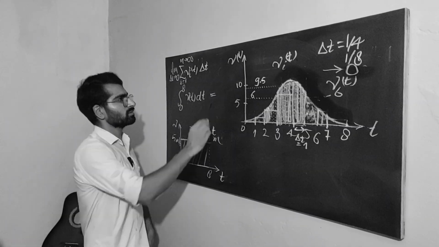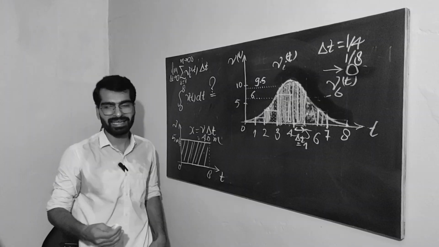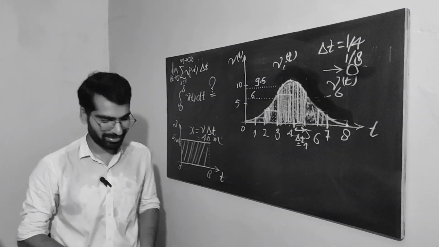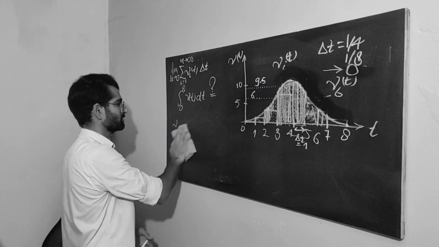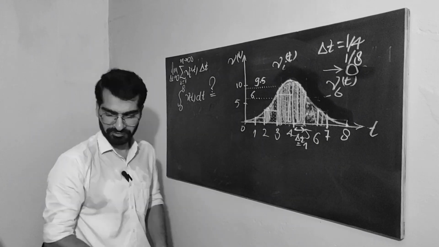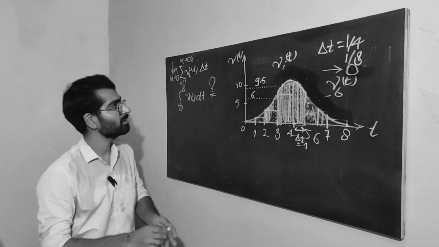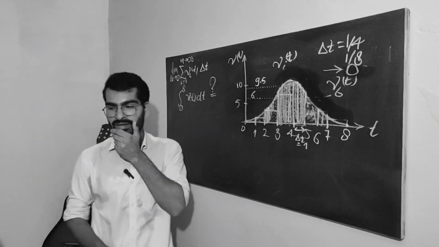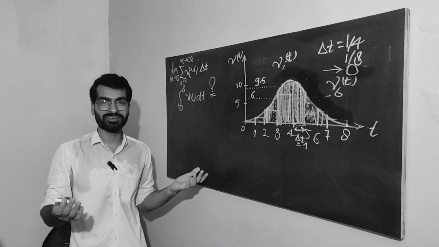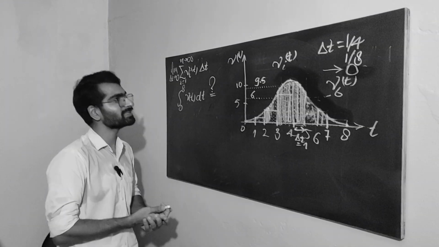But what is that? It is the infinite sum that I have to deal with. Look, infinite sum. I'm not going to do an infinite sum. Is there a better way?